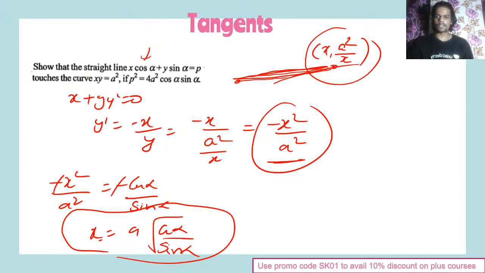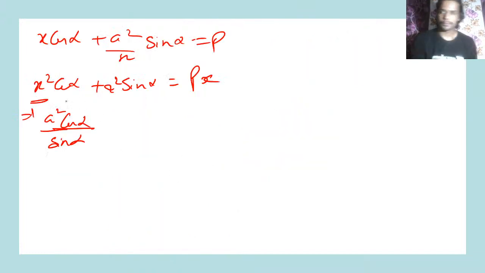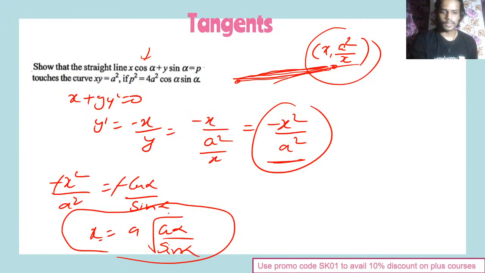This is correct. Fine, this is correct. x square cos alpha upon sin alpha plus this a square here sin alpha should be equal to px. What is x? x is a root cos alpha upon sin alpha.